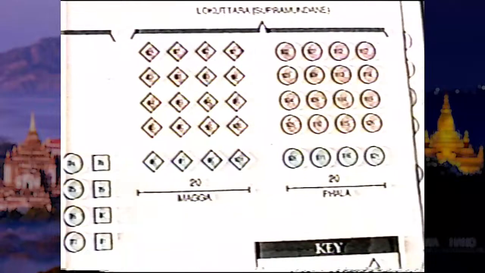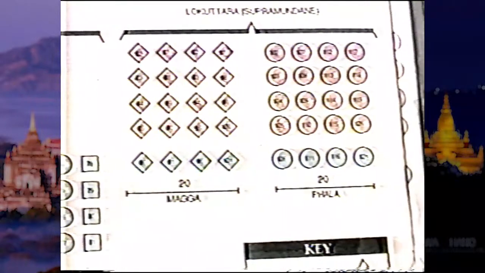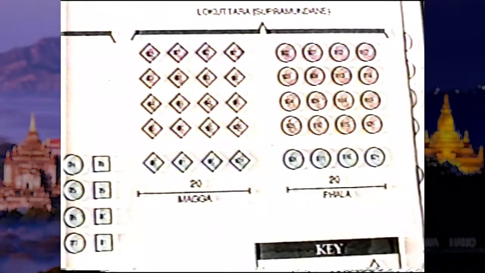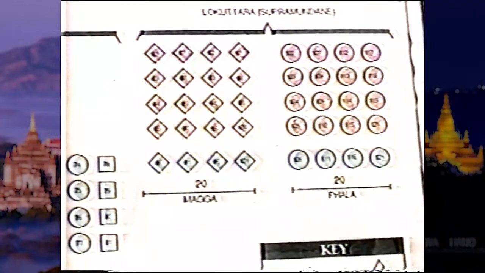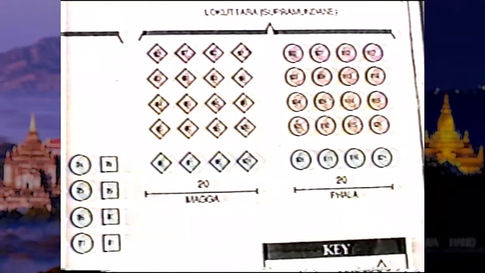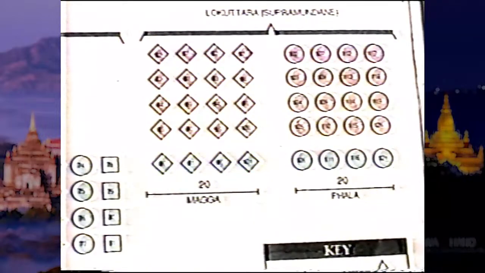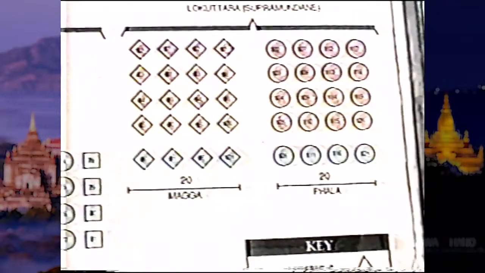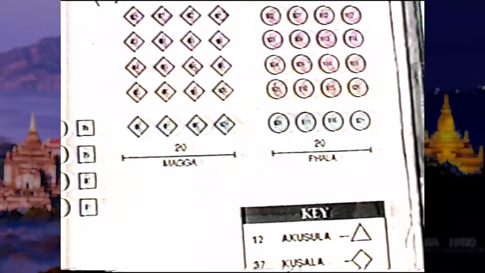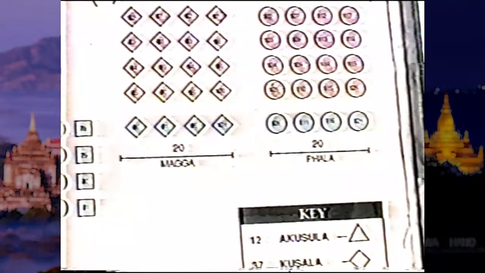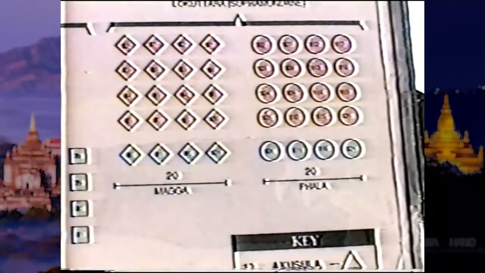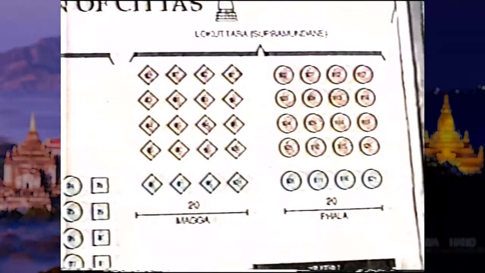Magga cittas are called lokuttara because they are transcending the 5 aggregates of clinging. That means out of the range of the objective field of craving. And phala cittas are called lokuttara because they have already transcended the 5 aggregates of clinging. And magga, phala, and nibbana as a whole, as a group, are called lokuttara because they are higher than the loka.